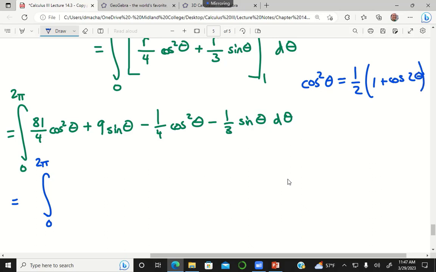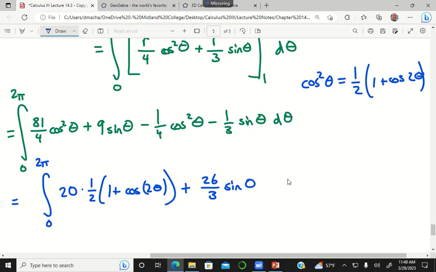So I could write 81/4 minus 1/4, which would be 80/4, which is 20, times cosine squared, which is 20 times 1/2 of 1 plus cosine 2 theta, plus 9, which is the same thing as 27/3. 27/3 minus 1/3 is 26/3. So I'll say plus 26/3 sine theta d theta.